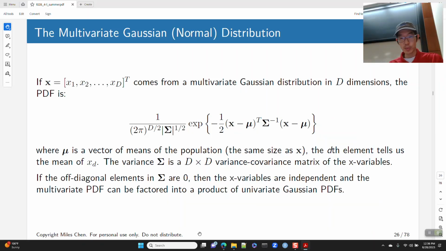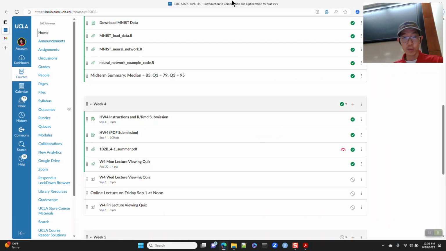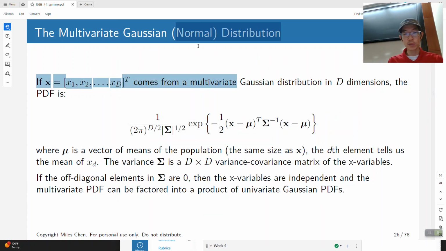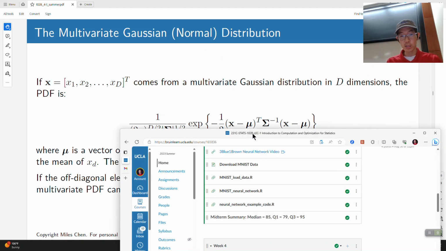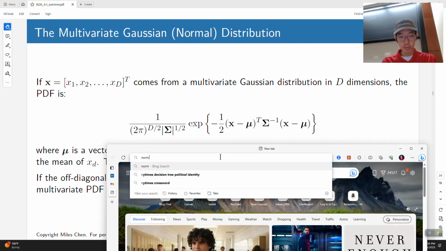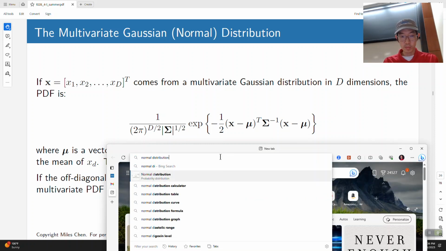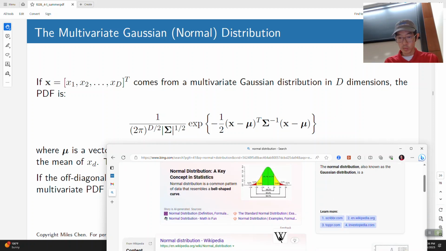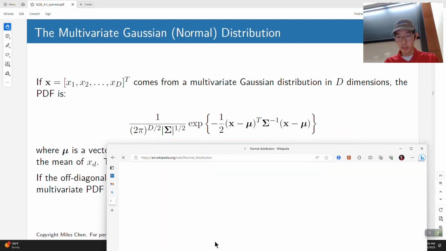Let me pull up the PDF for the univariate normal distribution. There are a lot of similarities between the PDF of the multivariate normal and the univariate normal. So let's go to Wikipedia.